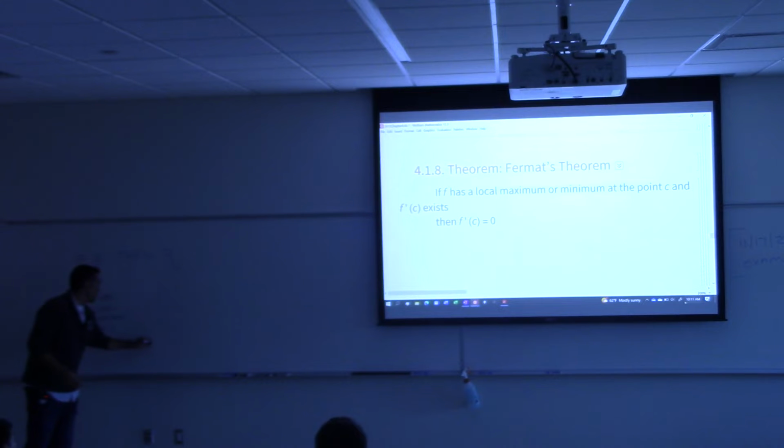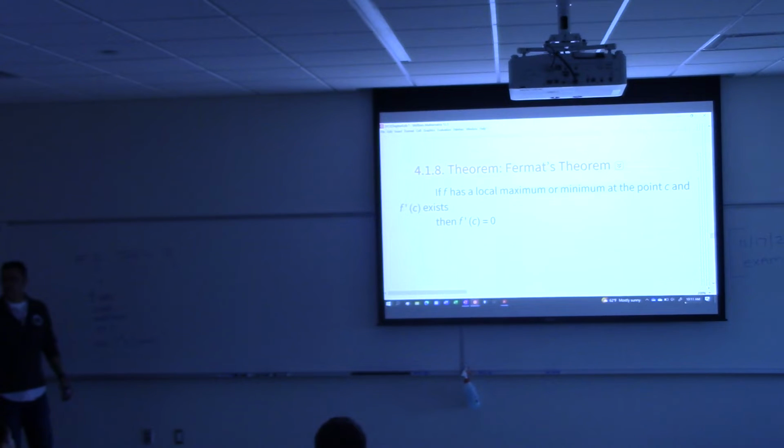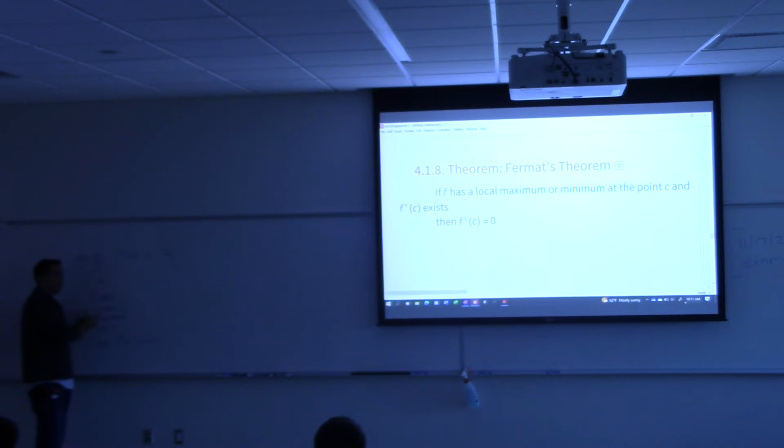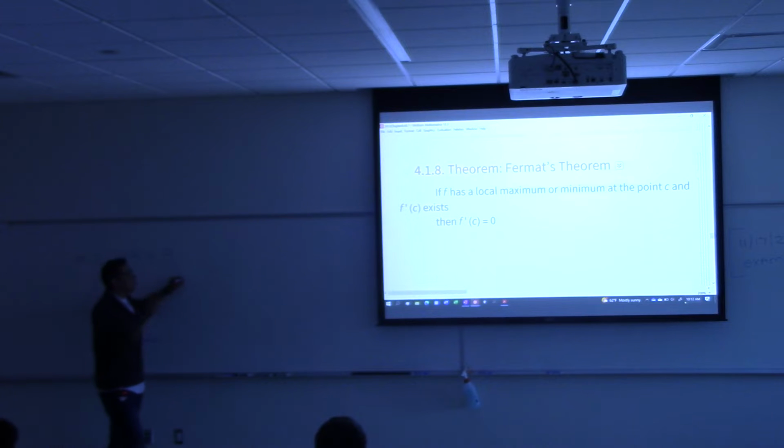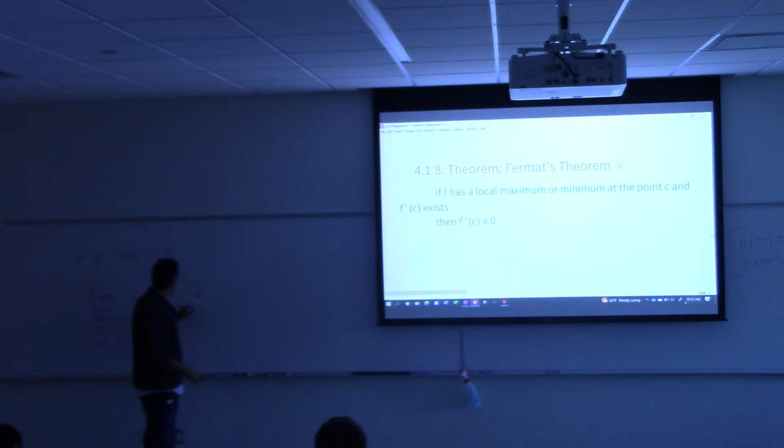Remember, the derivative at the end of the day is a limit, right? And not all limits exist. Say you've got a function that has a local max or a local min. King of the hill, king of the valley. If that's happening somewhere at some point, and the derivative there exists, then the theorem says you can conclude what? That the derivative must be 0.